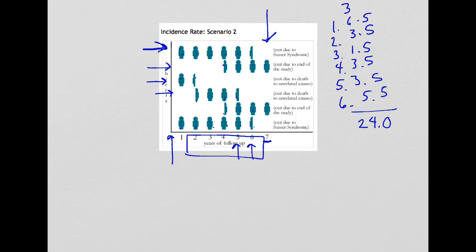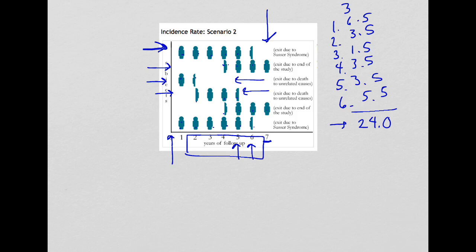Okay, so in this study, over 7 years, where we had 6 participants that we were tracking, our participants contributed 24 person years. And as you can see, some were with us for almost the whole time, some came on as the observation period had already started, and some left our study or left our at-risk population before the entire observation period ended.